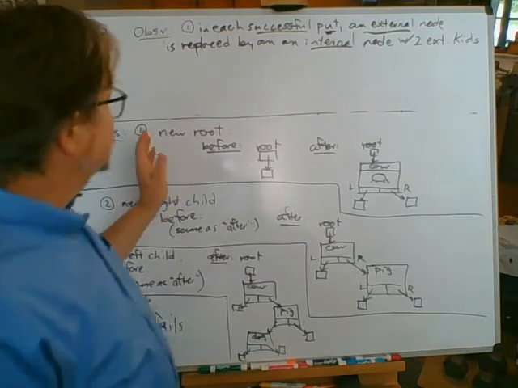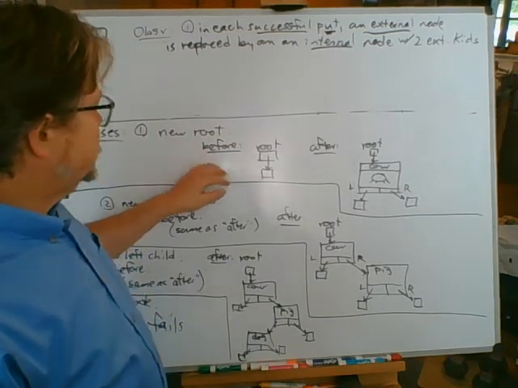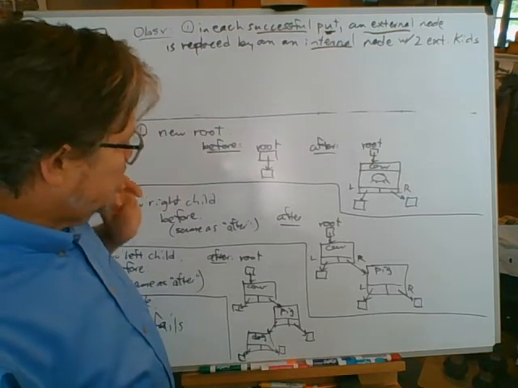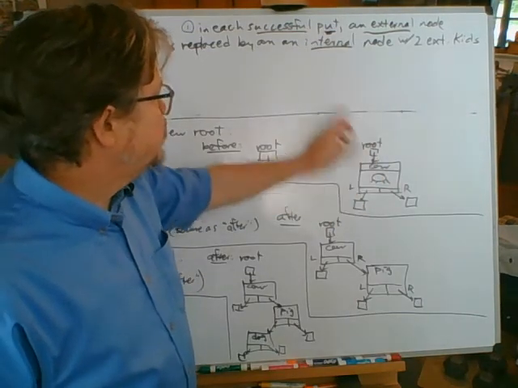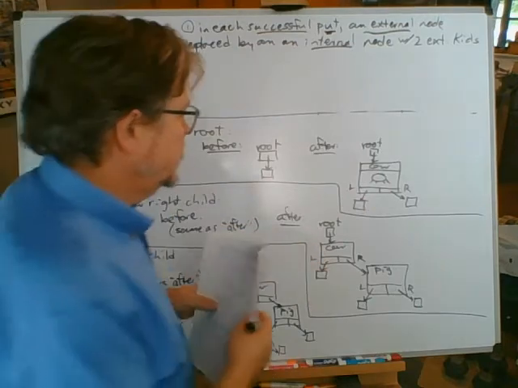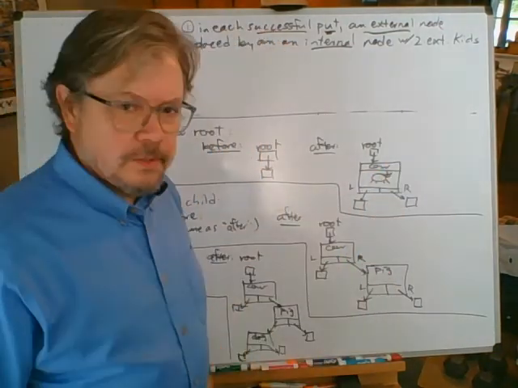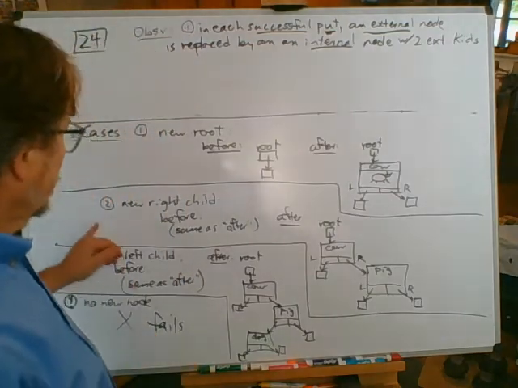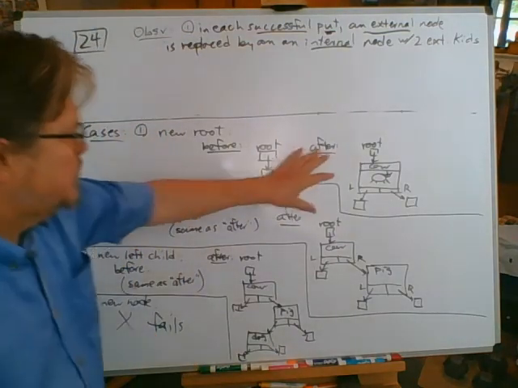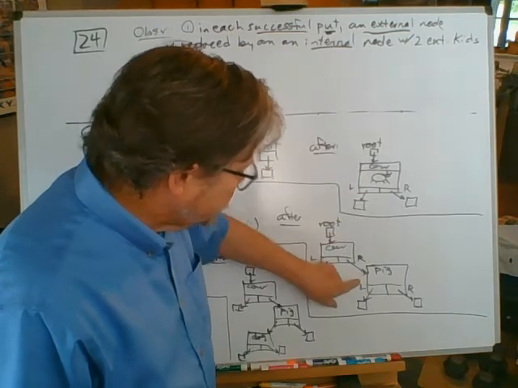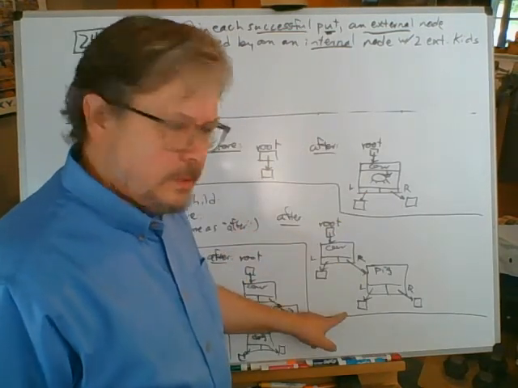Let's check. Here's the very first case, absolutely empty tree. The root is nothing but an external node. We rip out that little external node, and in its place we put an internal node that says cow, facing in the other direction, with two kids, left and right, that are external nodes. What about the new right child? Before is the same as this, but look what we do. We replace that right child, that external node, with an internal node with two external kids.